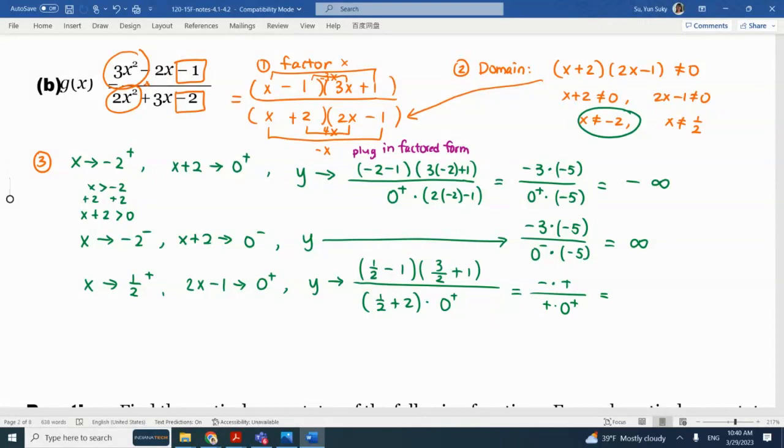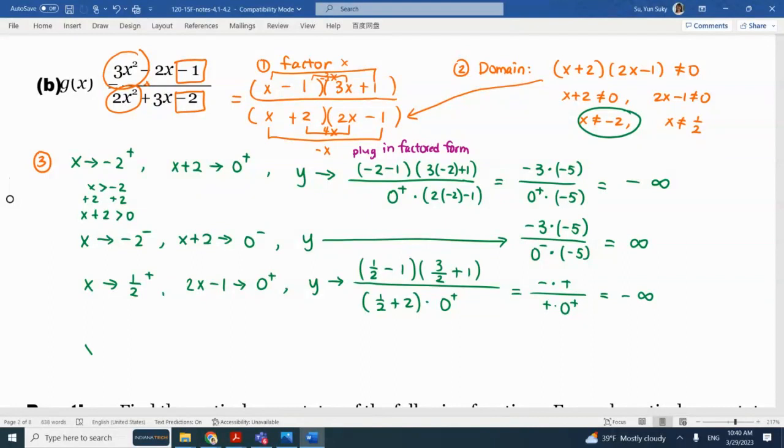You get what? Yeah, negative infinity. Is that okay, everybody? So you don't really need to know what exactly this number is. You don't really care. You just know it's constant over 0 plus or 0 minus. It's going to be infinity or minus infinity. You really care about the sign. Is it positive or negative? Okay, everybody?